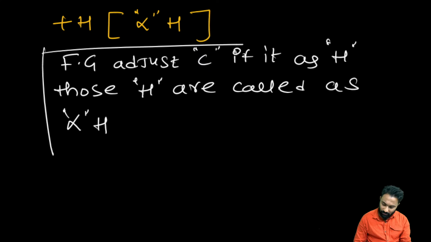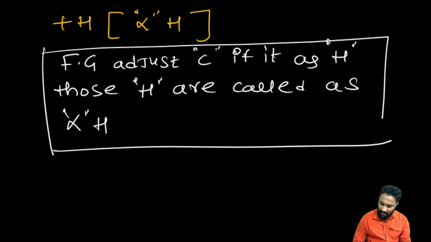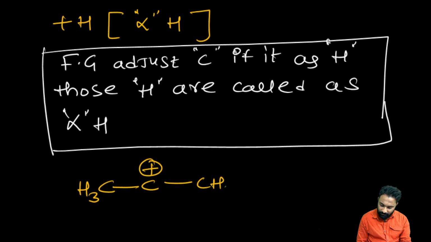Clear? Those hydrogens are called alpha hydrogens. The more the alpha hydrogens, the more the stability. Done. Sir, what are the functional groups, sir? Any deficient carbon? See, this is a carbon. Carbon is deficient. Now, if any adjacent carbons of this carbon have hydrogens, these are the alpha hydrogens for this carbocation.